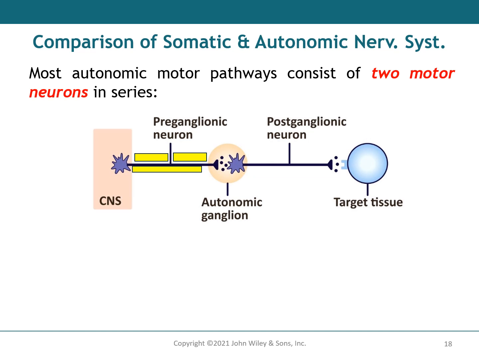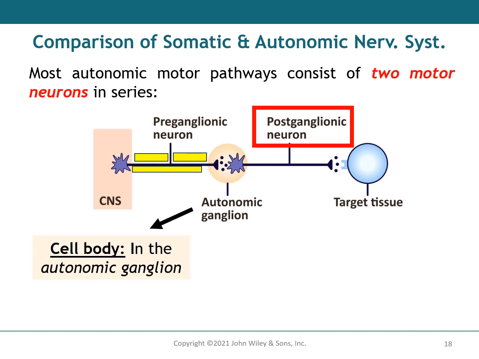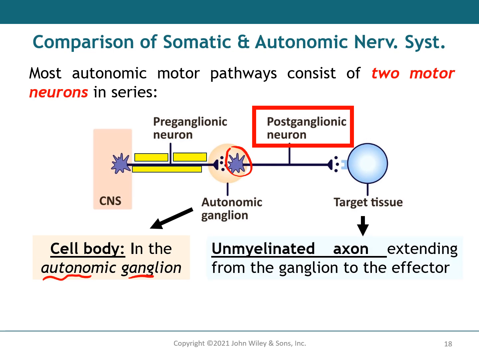I also told you that the second neuron is called postganglionic neuron and that the cell body is located in the autonomic ganglion, so here, and the axon doesn't have myelin and it extends from the ganglion to the effector.